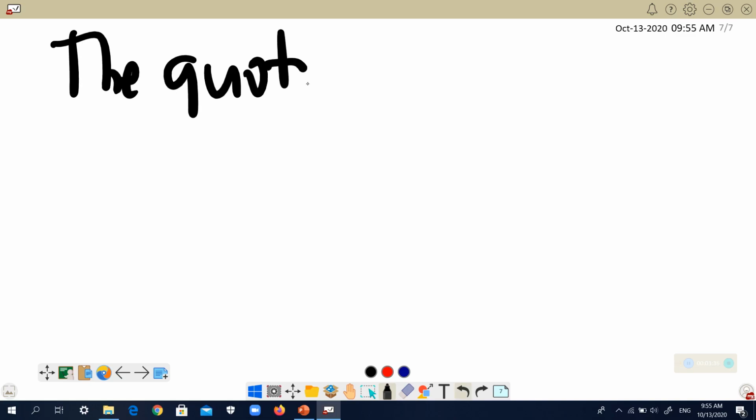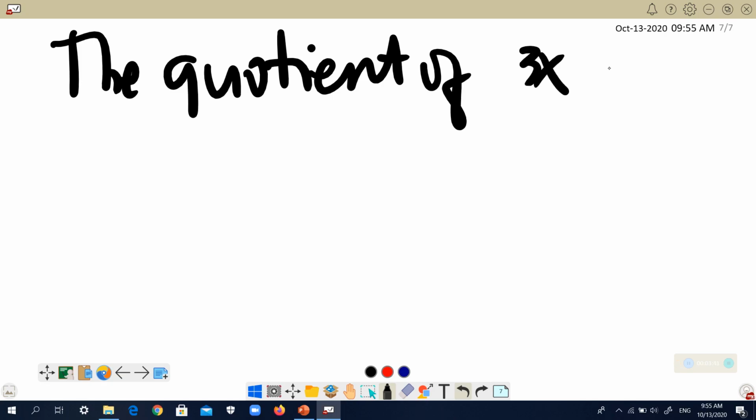How are we going to rewrite or translate verbal phrases into rational expressions? For example, I have given you the quotient of 3x and 4y. As you have seen, the word quotient, you have to take note of this because you have to determine how you are going to rewrite this phrase into mathematical symbols.